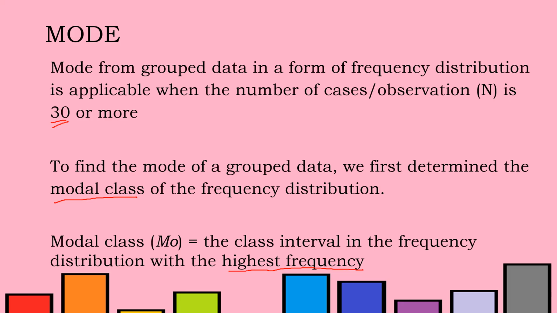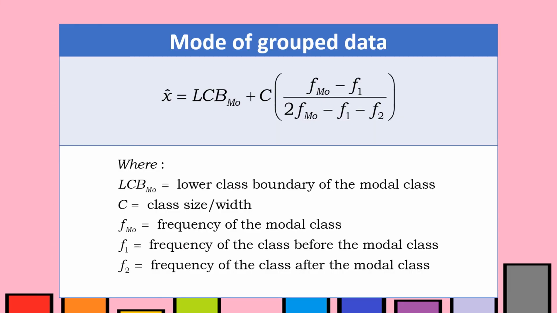Let's proceed to the formula. Here is the formula for group data. So we need the LCB or lower class boundary of the modal class, and then the class width, which in our example is 6. Frequency of the modal class, frequency before.